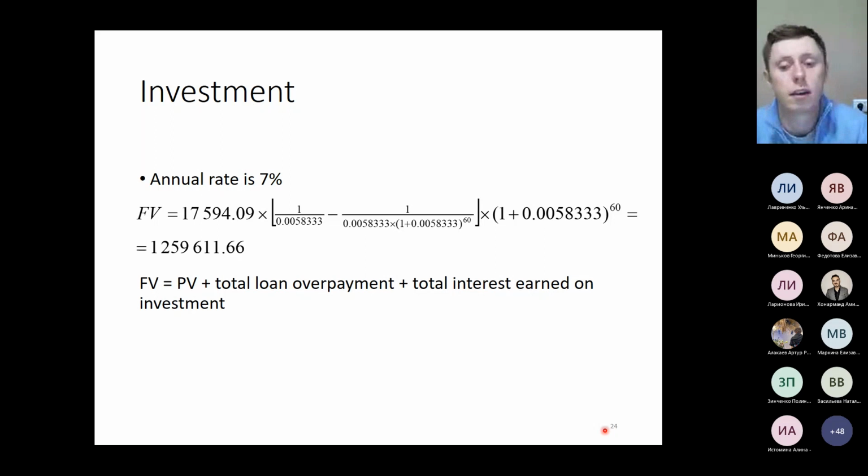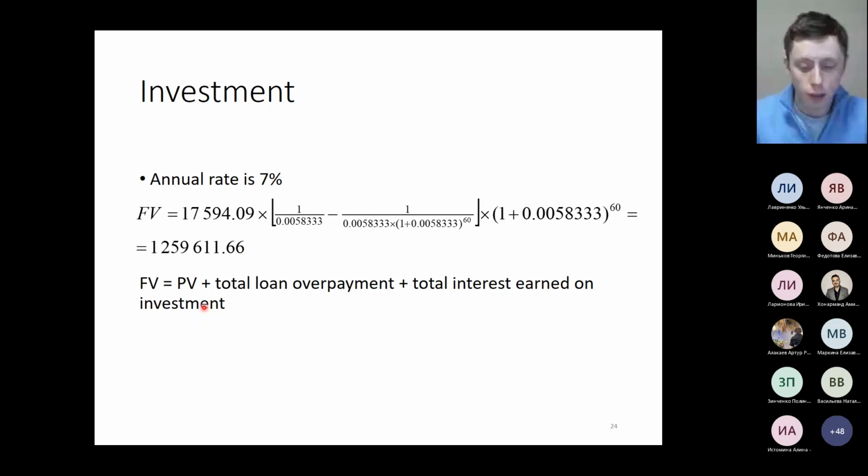This is another modification of this formula with annuity, in order to compare the first setting, when we borrow money, and the second setting, when we invest money. So this will be the total loan amount overpayment.